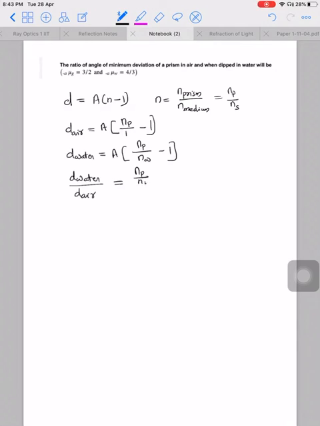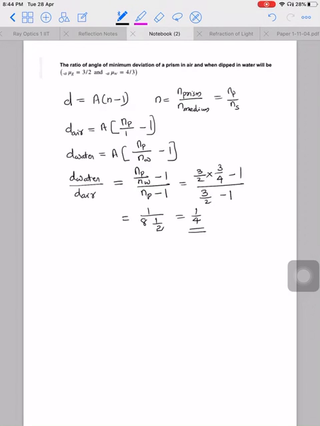So NP by NW minus 1 divided by NP minus 1. NP is 3 by 2 divided by the refractive index of water, which is 4 by 3, minus 1, divided by 3 by 2 minus 1. That is equal to 1 by 8 divided by 1 by 2, which is equal to 1 by 4. This is the answer.